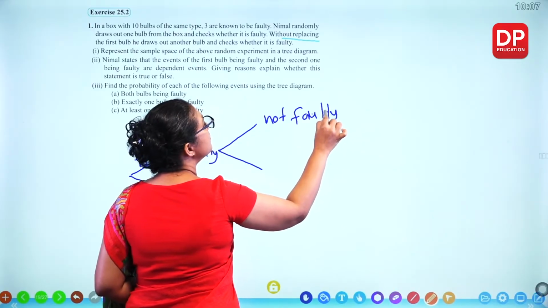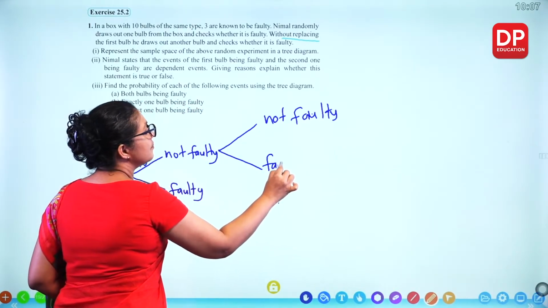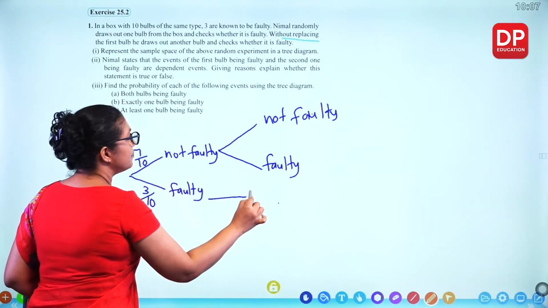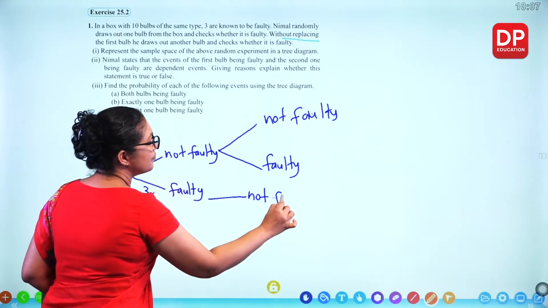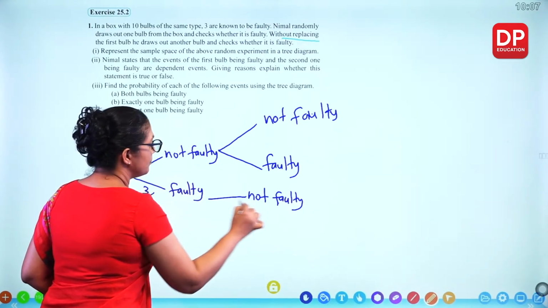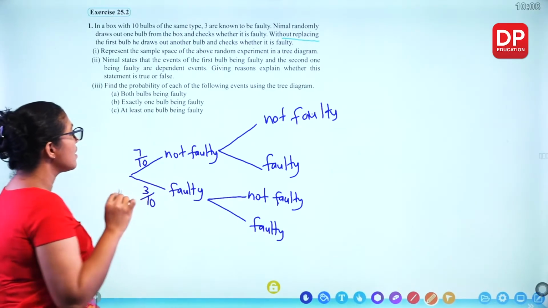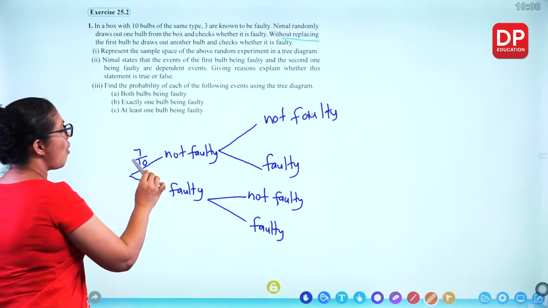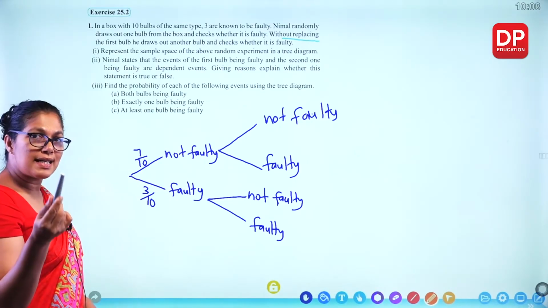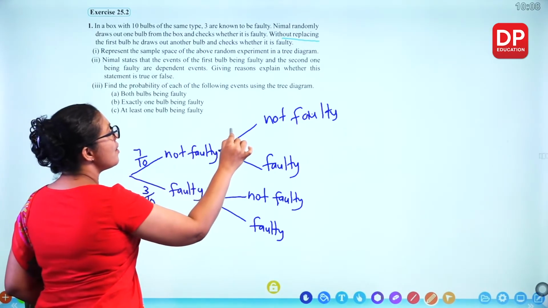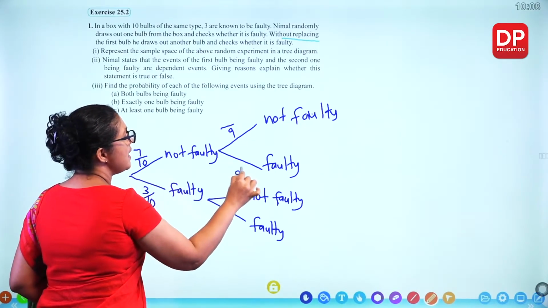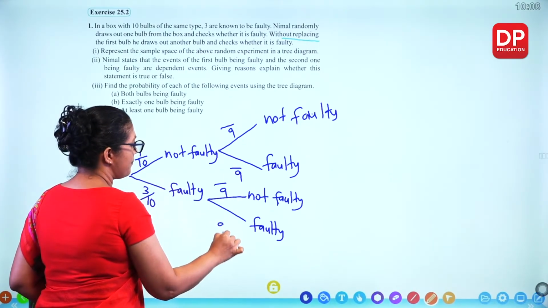Faulty and now look at carefully. Now already 1 taken means what's the total number now? 9. All these denominators are 9.